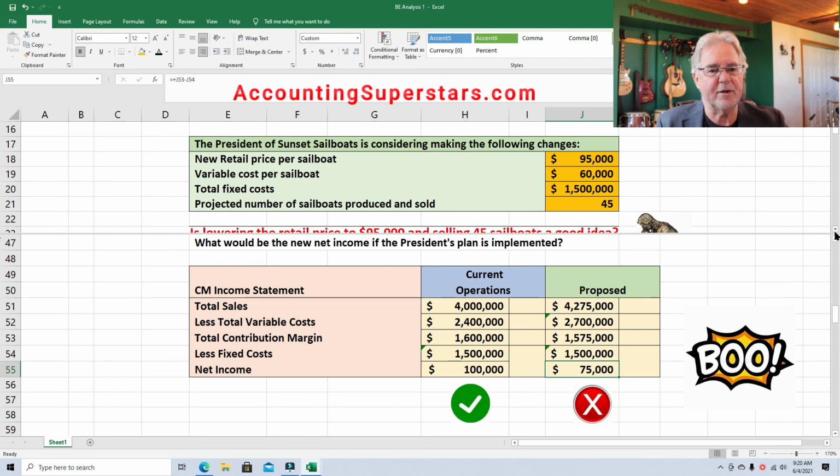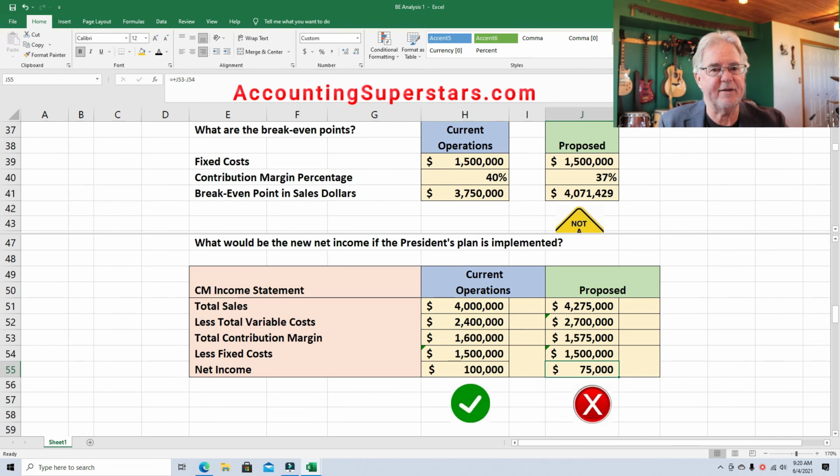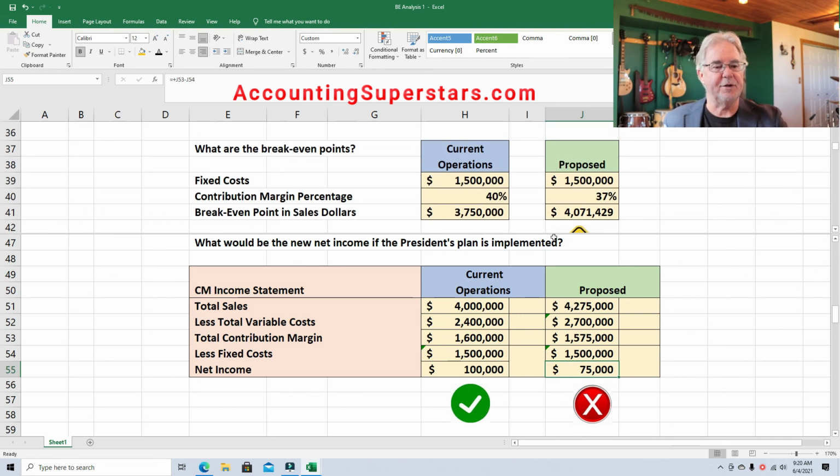So here, let's go find that break-even point so we can put it all together. There we go. Here's the break-even point. Under the president's idea, the break-even point is higher. So that means more risk involved. We have to have a higher sales amount in order to just break even. So that's showing risk. But that's not the whole story. You can't stop at that point.